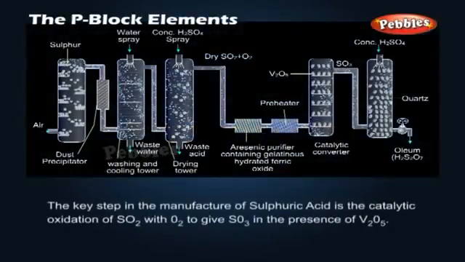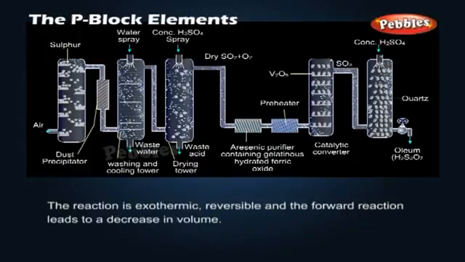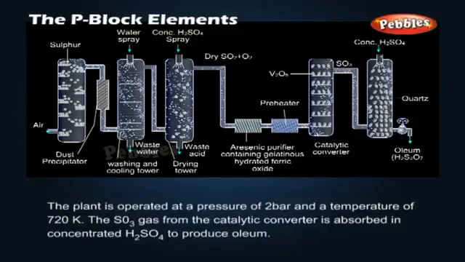Sulfuric acid. The key step in the manufacture of sulfuric acid is the catalytic oxidation of SO2 with O2 to give SO3 in the presence of V2O5. The reaction is exothermic, reversible, and the forward reaction leads to a decrease in volume. The plant is operated at a pressure of 2 bar and a temperature of 720 K. The SO3 gas from the catalytic converter is absorbed in concentrated H2SO4 to produce oleum.